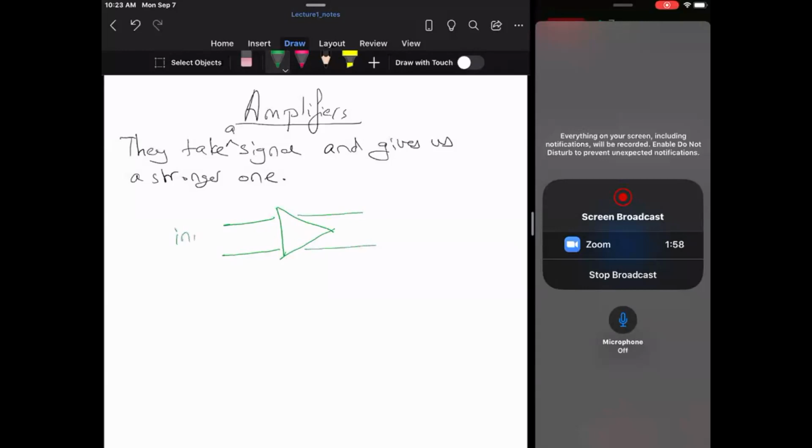So this is its input and this is its output, and this is our amplifier circuit. This is the symbol that we will use from here on. From here, we will have a weak signal, and from here, we are going to output a stronger signal.